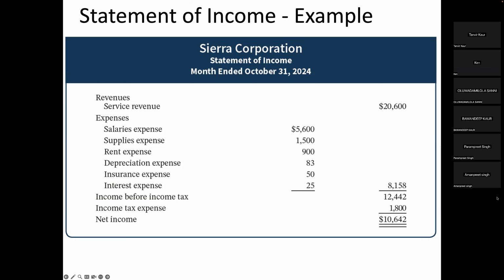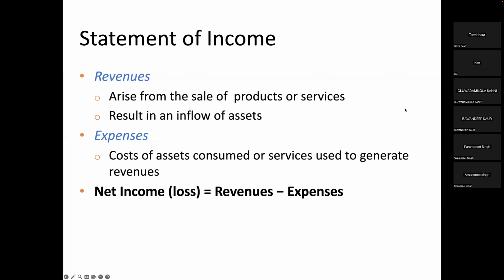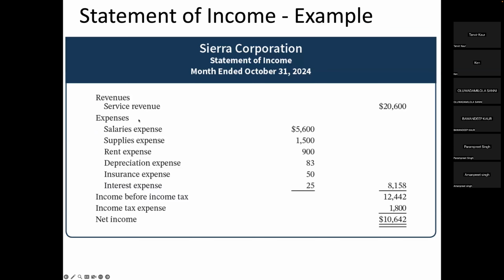Okay, so here, the service revenue is 20,600. And then you have a bunch of different types of expenses: salaries, 5,600, supply expenses, 1,500, rent expenses, 900, depreciation expenses, 83.